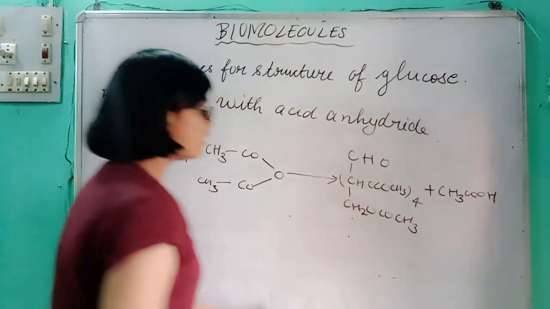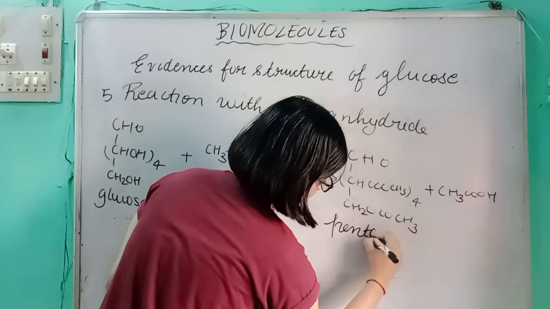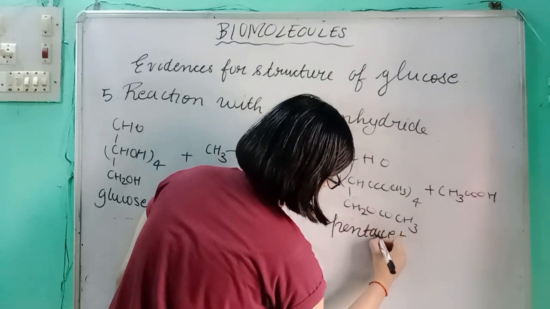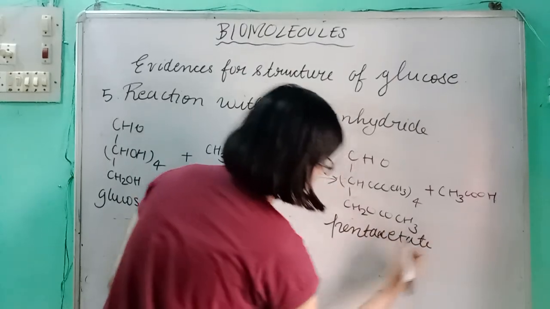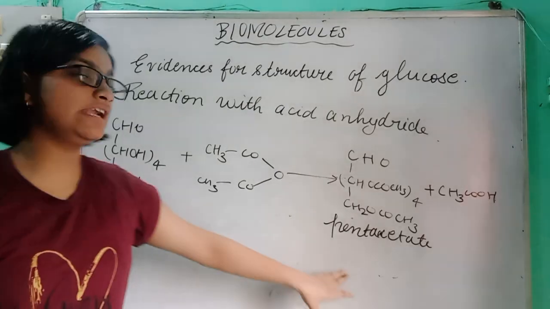So whenever glucose reacts with acid anhydride, pentacetate is formed.